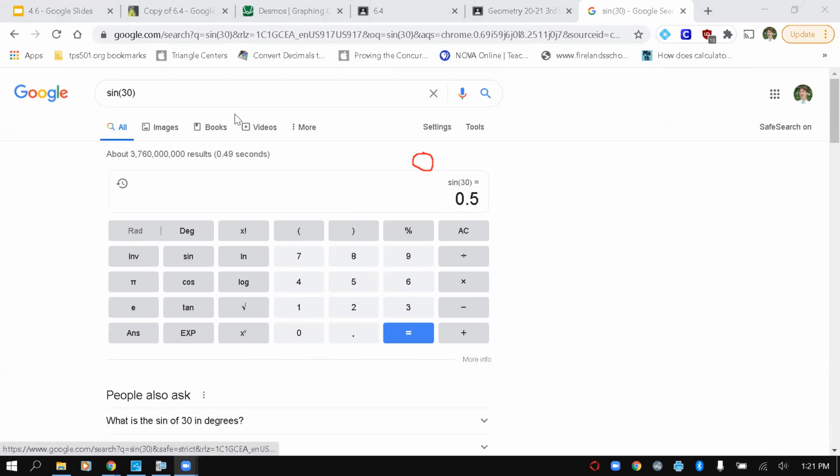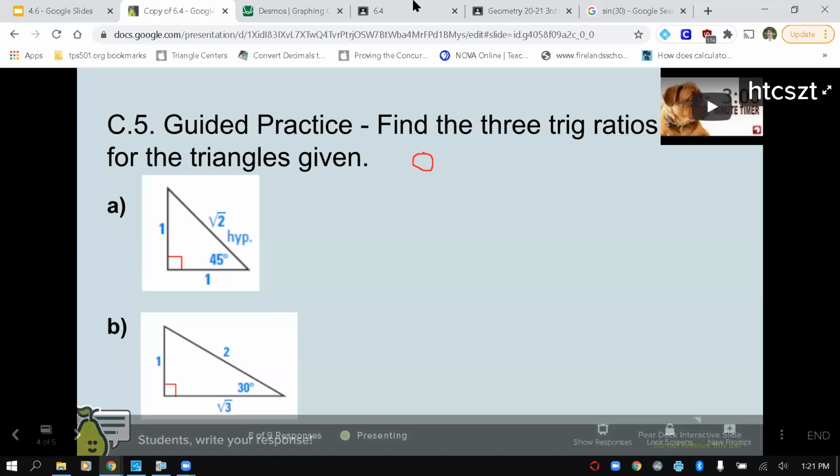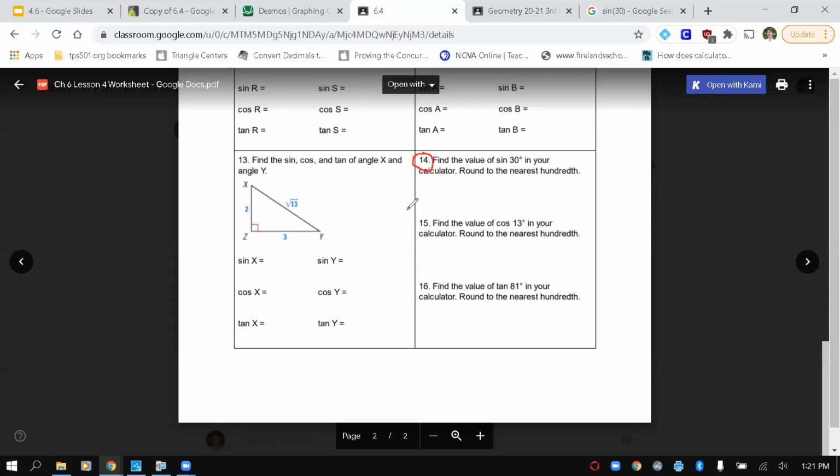Okay, so I want to make sure everyone leaves class today with a calculator they are able to use. So I want you to do number 15 right now. Round it to the nearest hundredth, or round it to 2 decimal places, with whatever calculator you're going to use on the test.